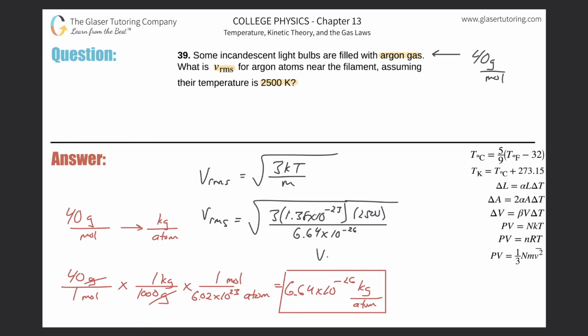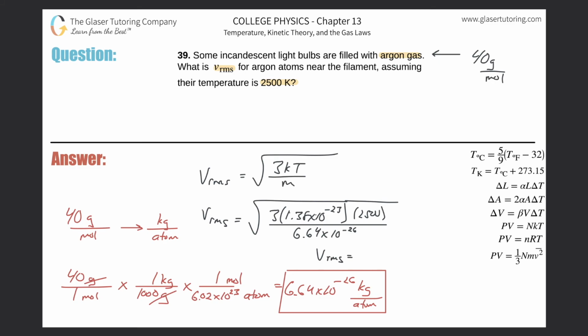Plug it into the calculator: the square root of 3 times 1.38 times 10 to the minus 23, multiplied by 2500, divided by 6.64 times 10 to the minus 26.